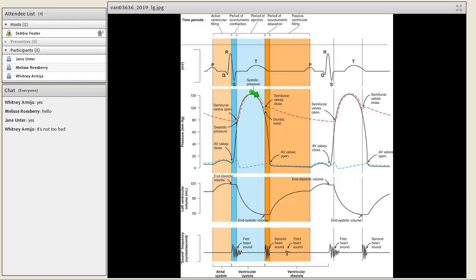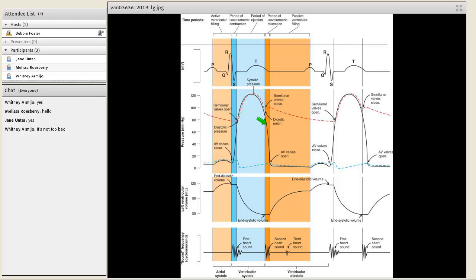And as the blood does leave and we're getting close to the final contraction, we start to see a decrease in pressure. And then the valve closes. Again, the valve to the aorta and the valve to the pulmonary arterial trunk, those semilunar valves close.